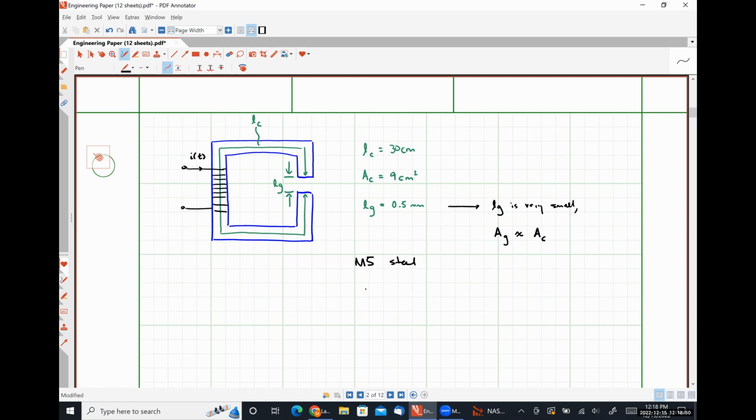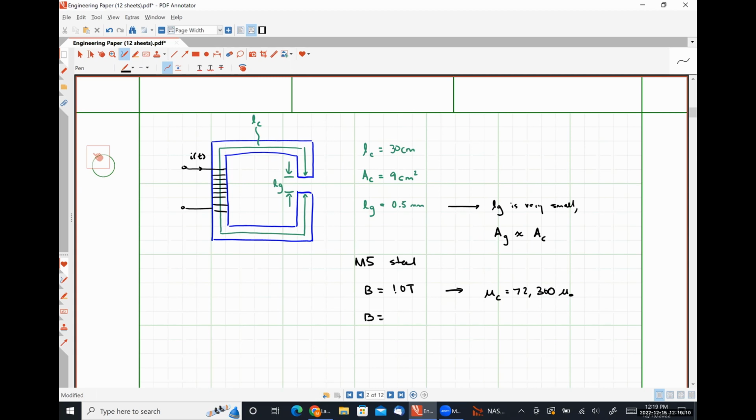For a magnetic flux density of B equal to 1.0 Tesla, we have a permeability of 72,300 times mu naught.